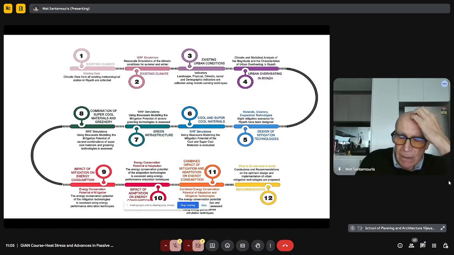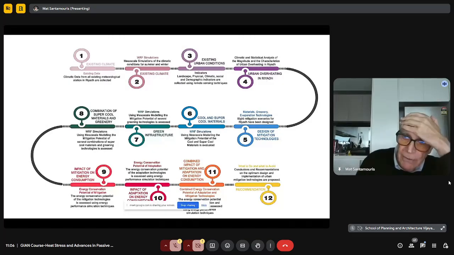Then we have collected very important information regarding the specific indicators that define the life in the city. These indicators have to do with the landscape, the physical characteristics, the climatic characteristics, the social and demographic indicators, and everything really that defines the links between climate, overheating, and the city and the life of the city.